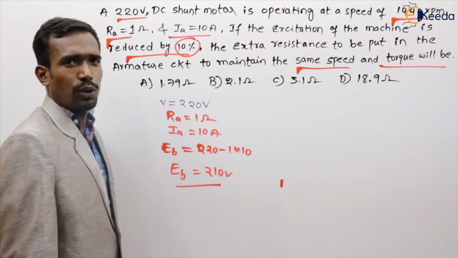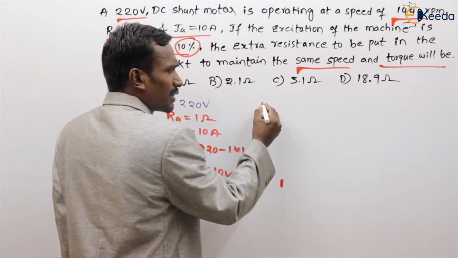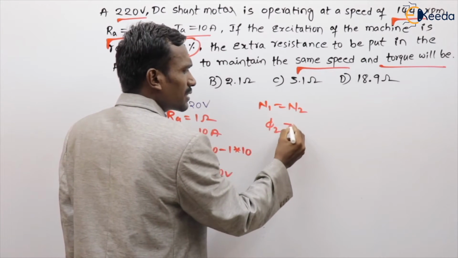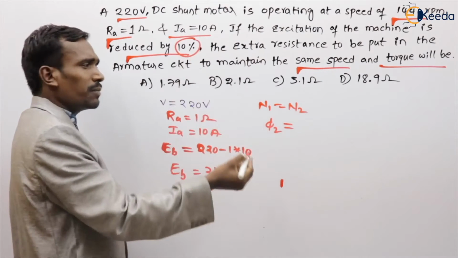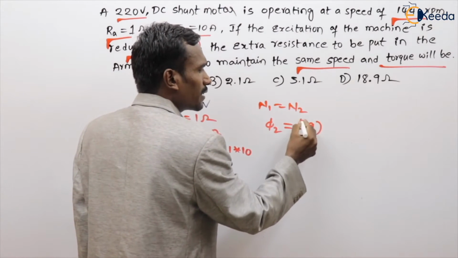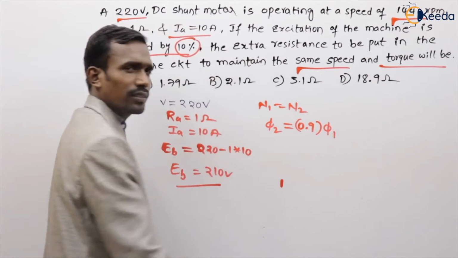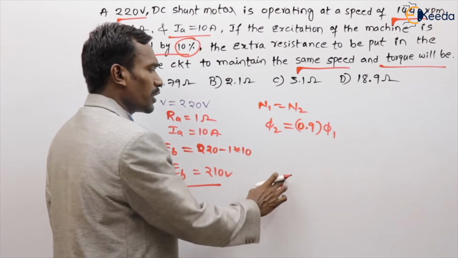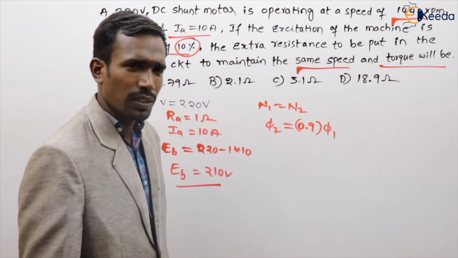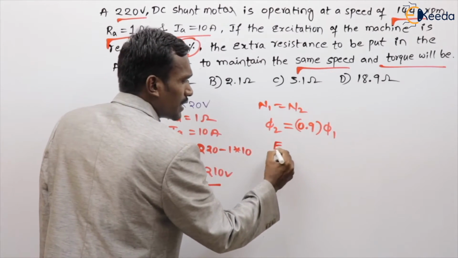Here EB is 210 volts. The speed is constant, but flux is reduced by 10%, so phi2 is equal to 0.9 times phi1. Then what is the formula?